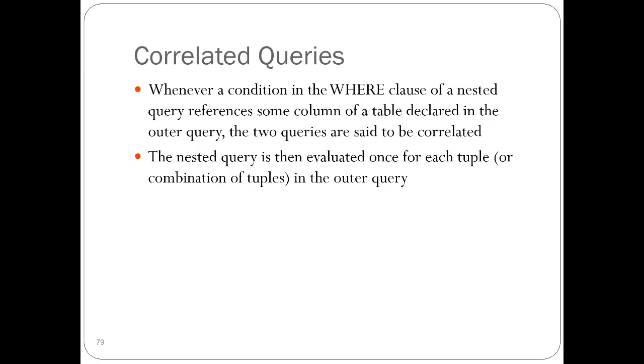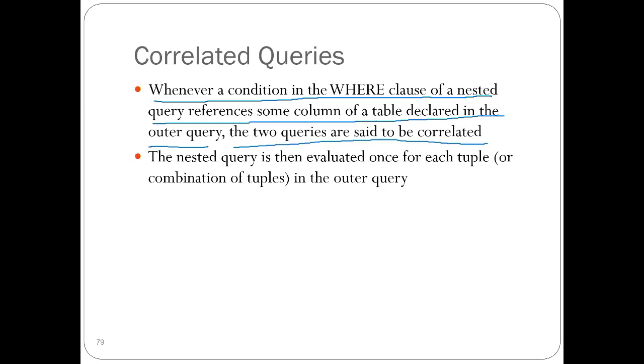Whenever a condition in the where clause of a nested query references some columns of a table declared in the outer query, then the two queries are said to be correlated. In the cases that we have seen till now, the outer query was dependent on the result coming from the inner query, right?